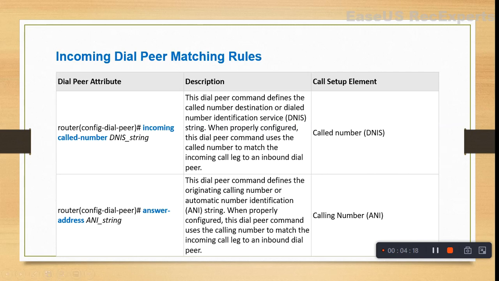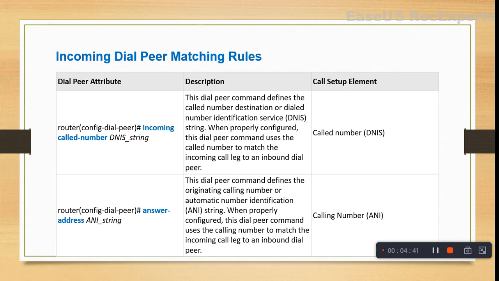So the first incoming rule is incoming called number command. The highlighted incoming called number is actually the command, is the keyword, and DNIS string means the called number. So this incoming called number command is based on the called number or DNIS, right?